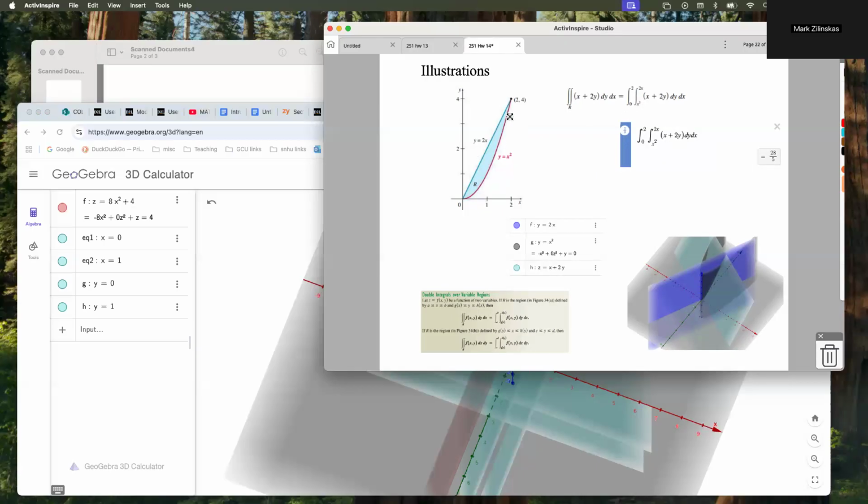I just take the expression for the function that's given, which in this case is x plus 2y. And then I take a look at what x is going to run from. Well, x is going to start at 0 and go over to 2. That'll cover the area region of the floor. And then the roof is just going to be the integrand. Okay, so that's how you set those up.